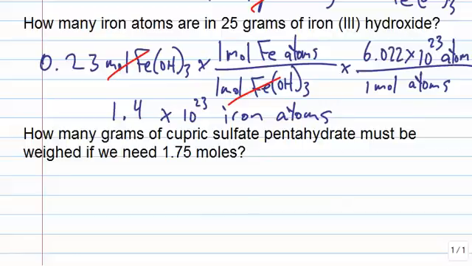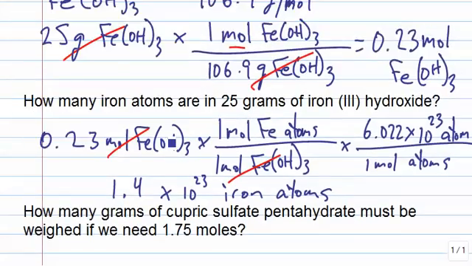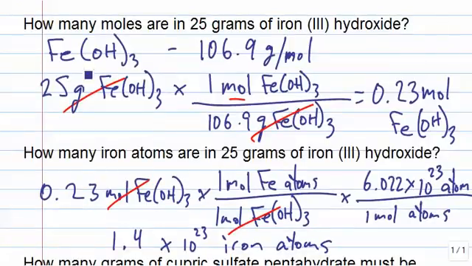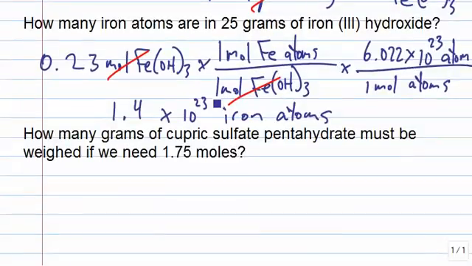Okay. And so if we wanted to know how many grams of this substance do we need to weigh out to get 1.75 moles, we're going to sort of do the opposite of what we've done up here. So rather than going from grams to moles, we are going to be going from moles to grams. And once again, we're going to use that molar mass as a conversion factor.